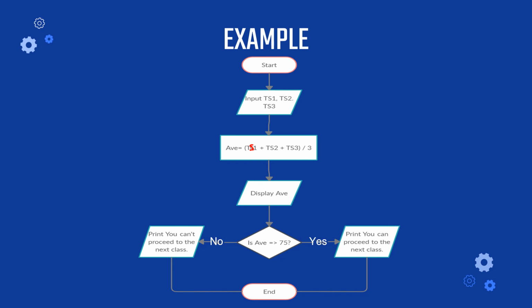Ayan. TS1 plus TS2 plus TS3 divided by 3. And then, we will display the average na naka-indicate sa problem. And then, magtatanong po siya kung is the AVE or the average is greater than or equal to 75. Kapag nag-yes po siya, ibig sabihin, you can proceed to the next class. Kapag hindi naman, you cannot proceed to the next class. And then, end.